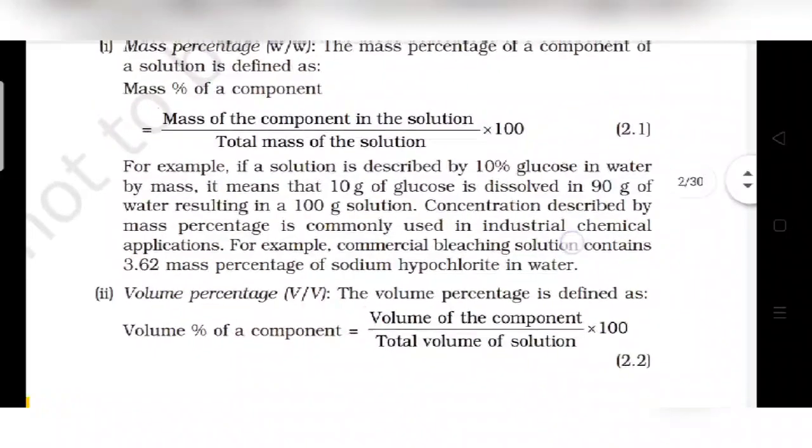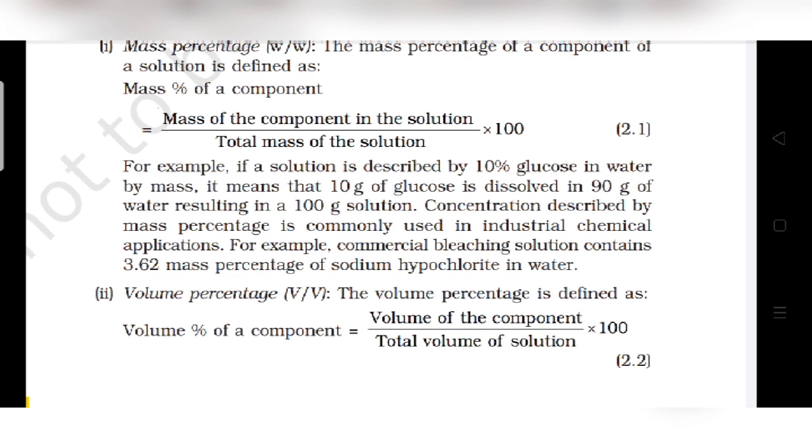Let's discuss an example. A solution is described as 10% glucose in water by mass. Remember students, read carefully. It is given 10% glucose in water by mass. It means that 10 gram of glucose is dissolved in 90 gram of water, resulting in a 100 gram solution.